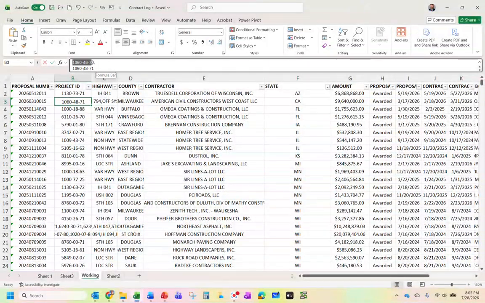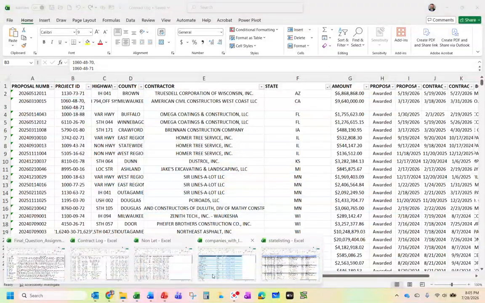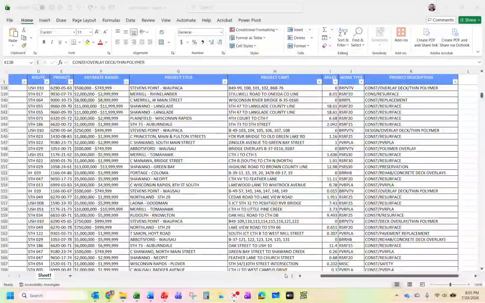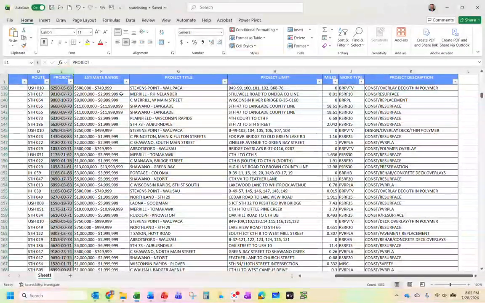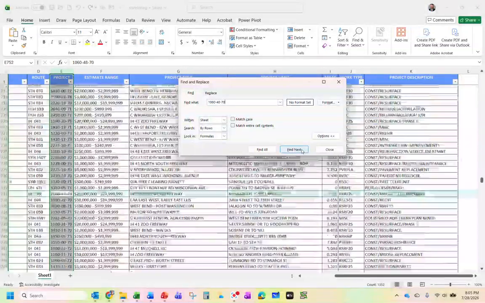So in this case, I'm looking at that contract ID. If I wanted to find all of the details associated with that contract ID or project ID, I could go right here, Control F, Control V, find next.